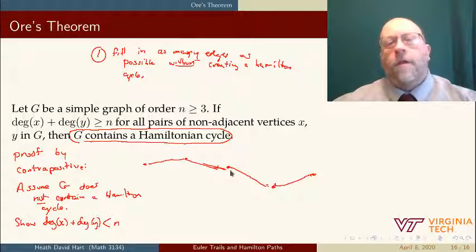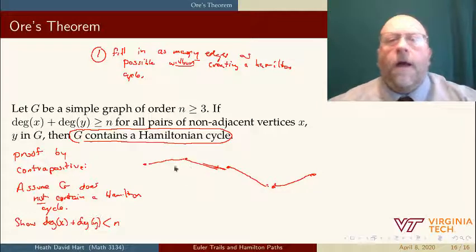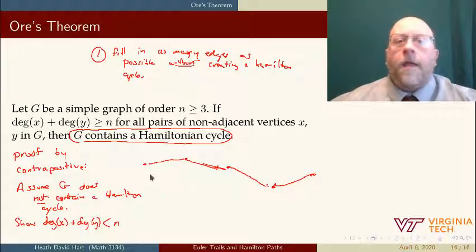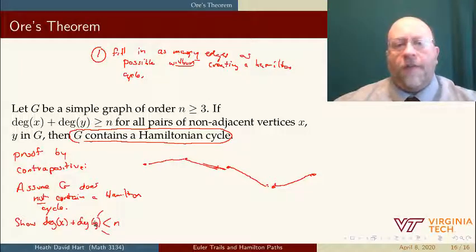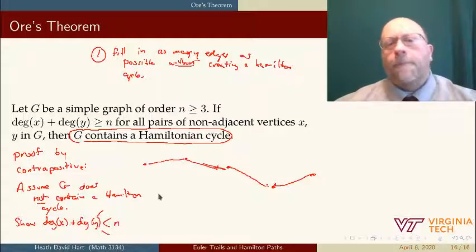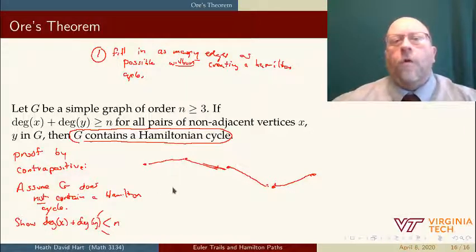So we could start connecting some of the vertices together. I'm not going to draw all of the connections in. But if an edge would create a Hamilton cycle, we don't fill that edge. So we're going to add edges to G. That would make the degrees even higher, but the degree is still going to be less than n. That's the thing we're going to show: even if we increase the degree by adding more edges, it still will be less than n. Okay? So there will have to be at least one pair of non-adjacent vertices.